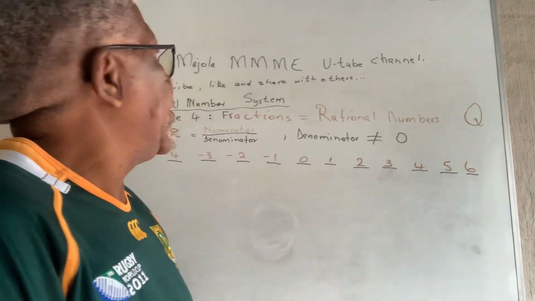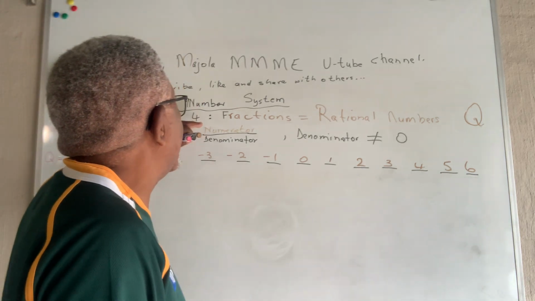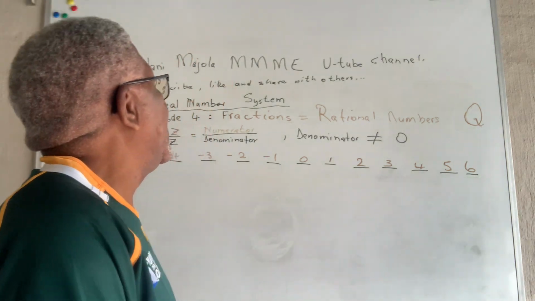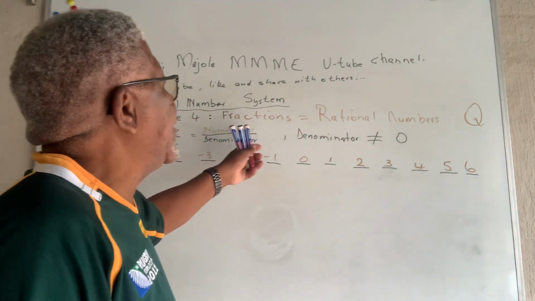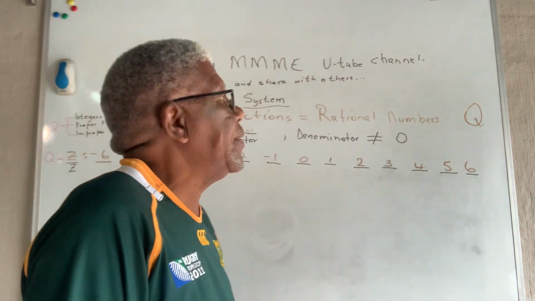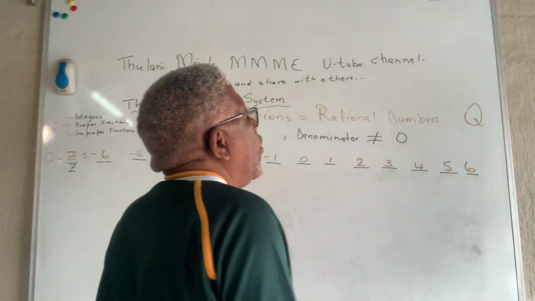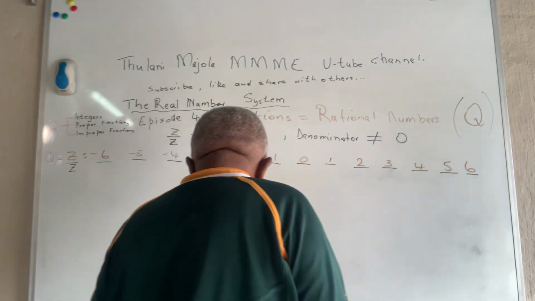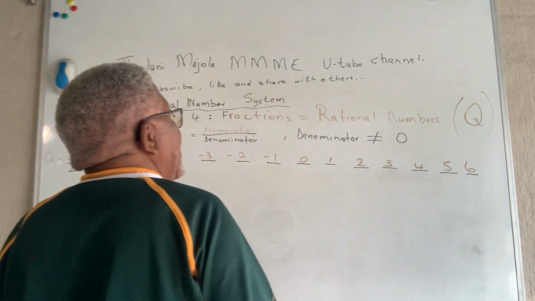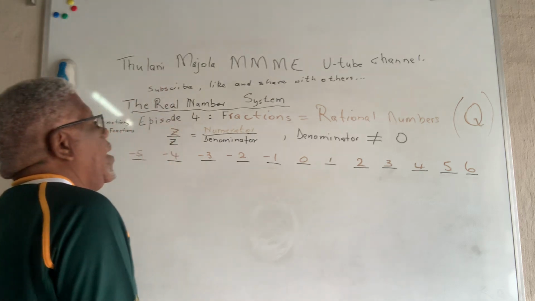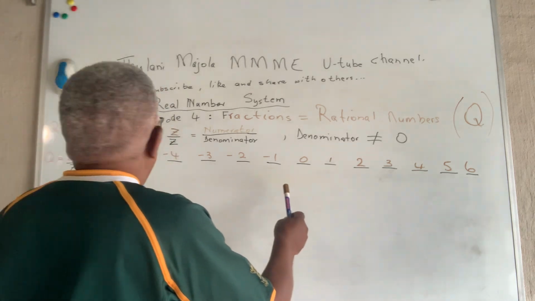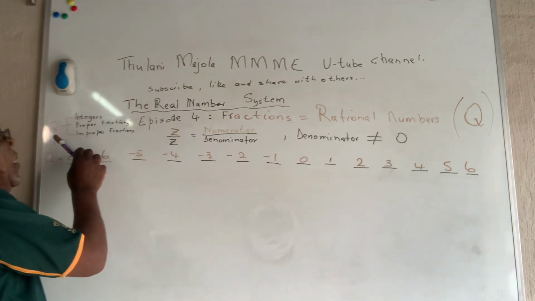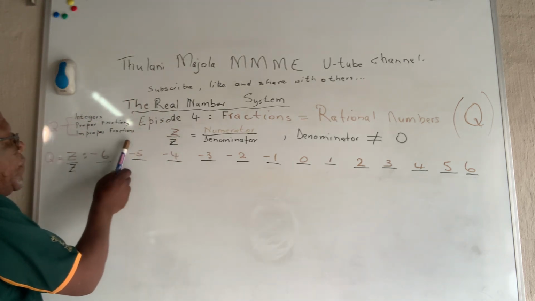The episode is on the real number system, episode number 4, fractions. So what are fractions? Fractions are actually rational numbers. They've got the symbol Q. The rational numbers that I will discuss now will be integers, proper fractions, and improper fractions.